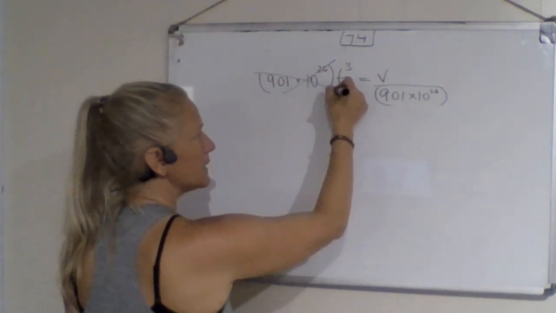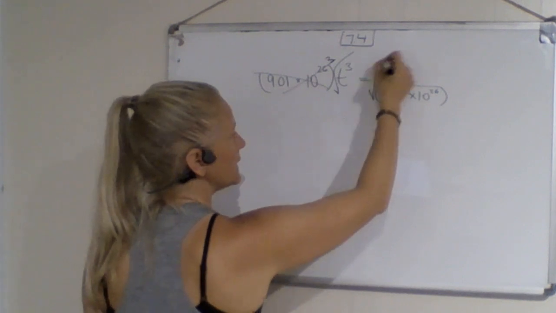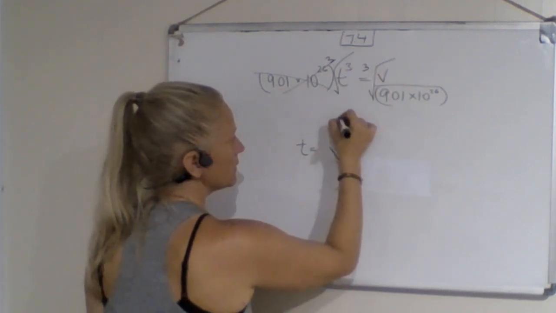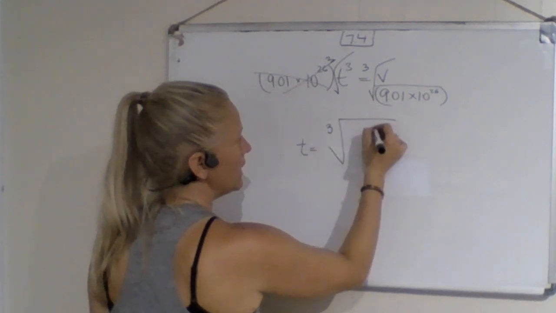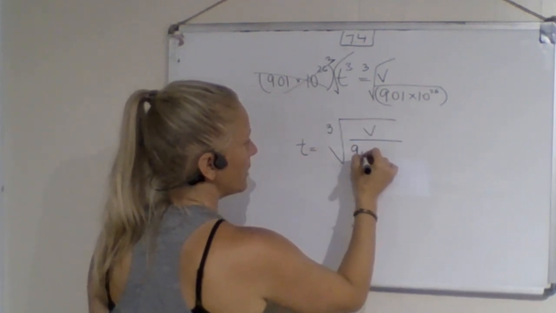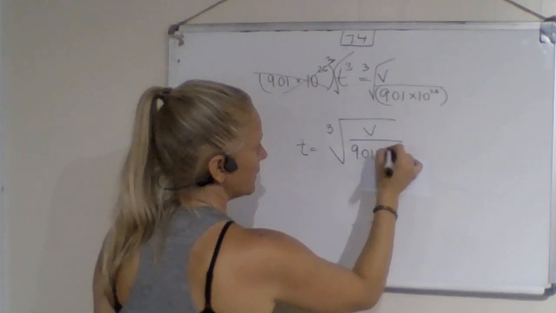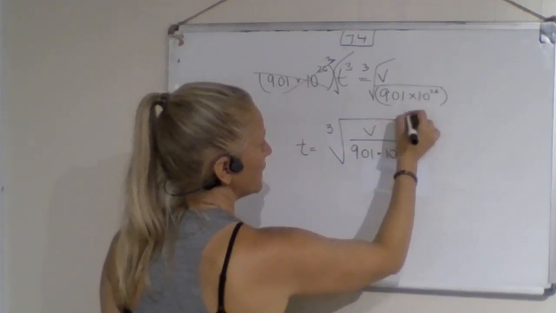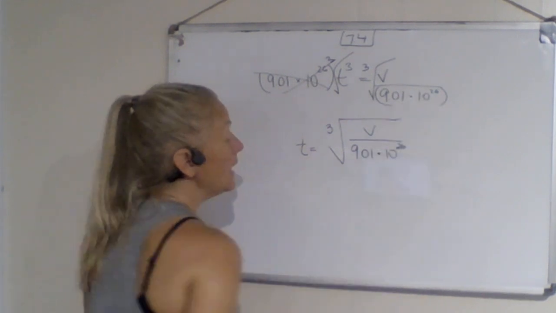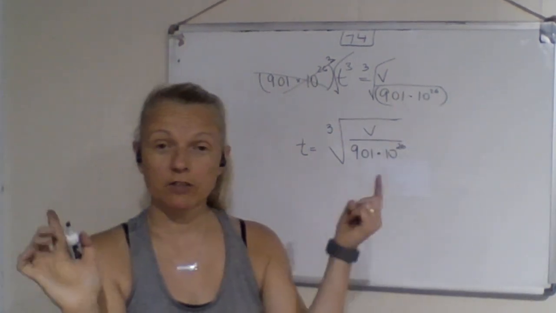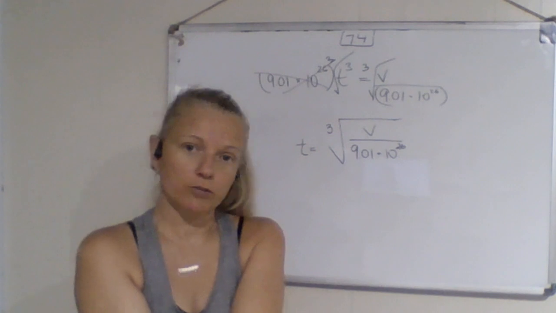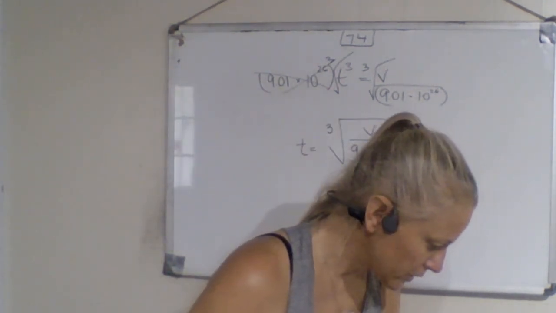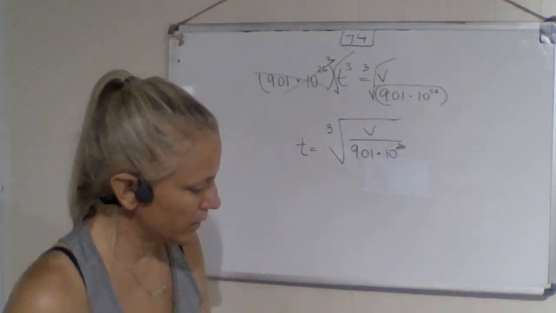Then I can take the third root on both sides, and I end up with t equals the third root of v over 9.01 times 10 to the 26. So this is basically the inverse, because the inverse is you switch the variables and then solve for the other one. We're just going to solve for t to find my inverse. And believe it or not, I'm going to leave it right there. I'm not going to mess with it in any way, shape, or form.